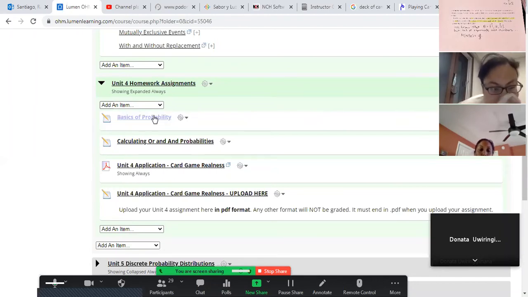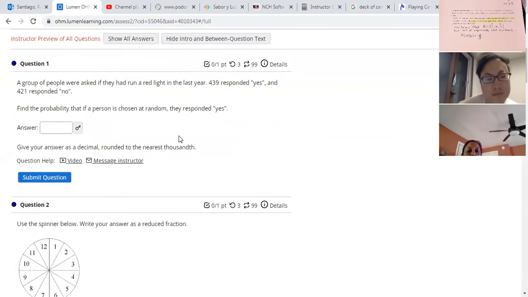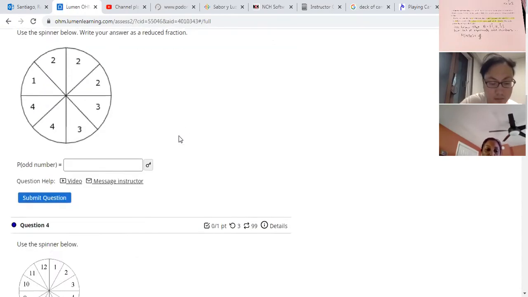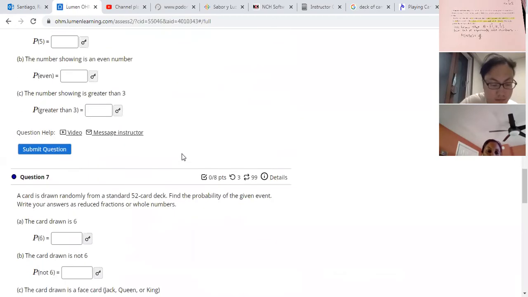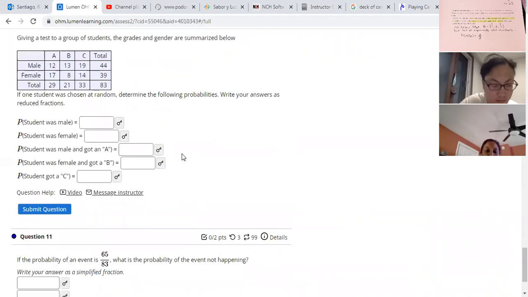First you have the basics of probability, which I think is a really nice way to make sure you understand the basics. You're looking at spinners and a standard deck of cards, answering probability questions, and it's the same for the rest of these questions. So it's not too bad.